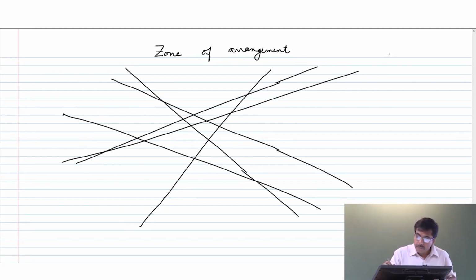Let us say I have a line that is not part of that set. Maybe I draw a line like this.